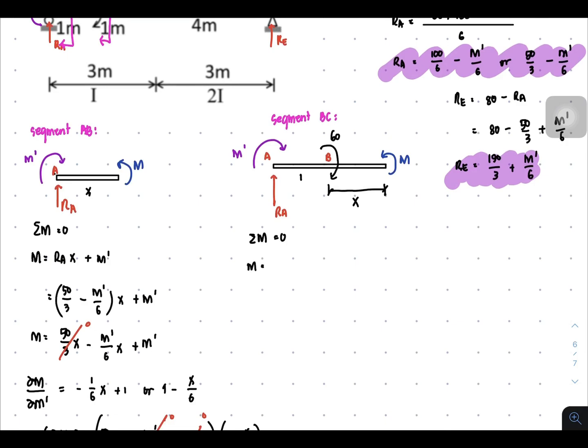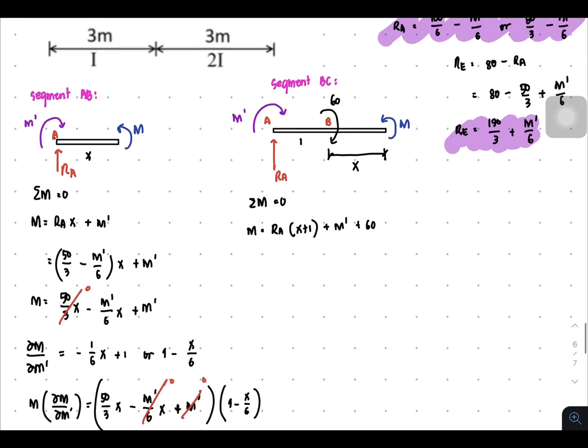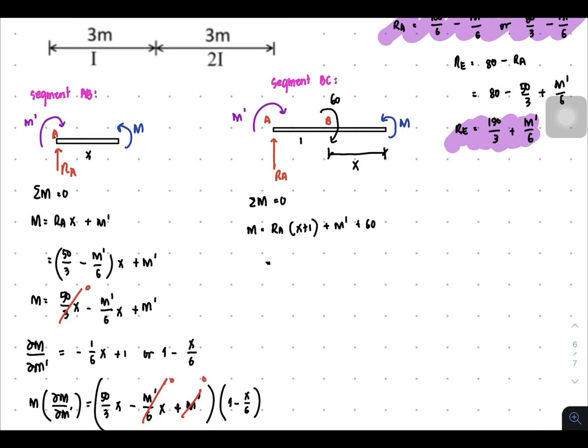At the point of cutting equal to 0, you will have m equal to RA times x plus 1, and then m prime, and then 60. So you will have here RA to be 50 over 3 x plus 1 minus m prime over 6 times x plus 1 plus m prime plus 60.